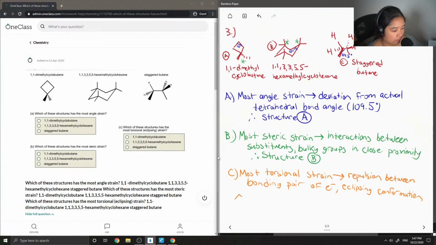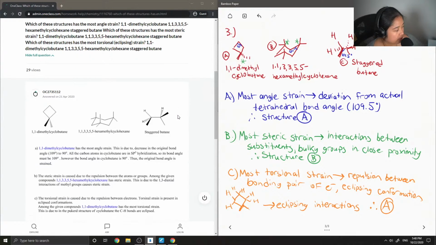Okay, so I'm gonna draw out structure A, just with all the hydrogen groups put in. And you can see it has this kind of puckered ring structure, which causes eclipsing interactions. So the answer for this one is also structure A.